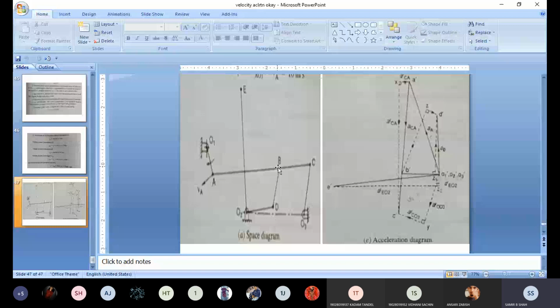Radial part of BD is equal to 693.6. You know that this is 693.6, which as per our scale may be 6.93 centimeter.